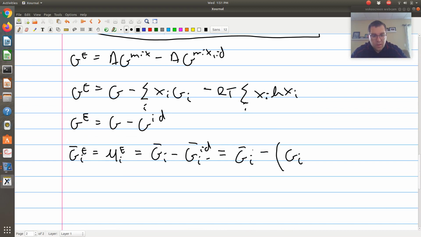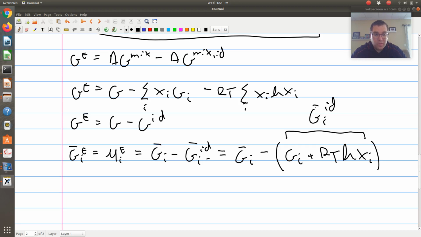Okay, and it'll be plus RT log xi. To help me remember this, this is supposed to be G bar i ideal. The effective molar Gibbs free energy in my ideal solution is going to be less than that of my pure component value, because this term will be negative.